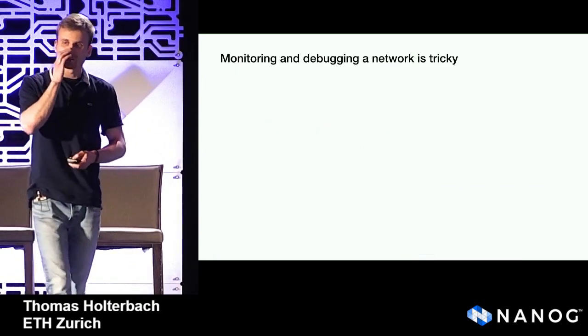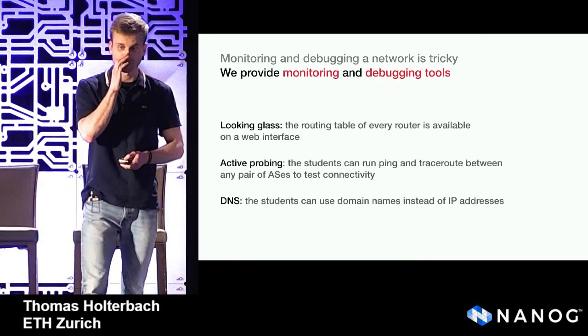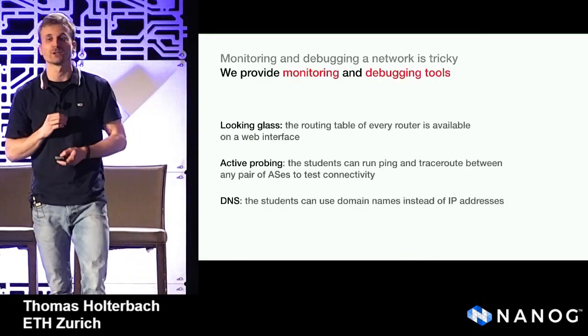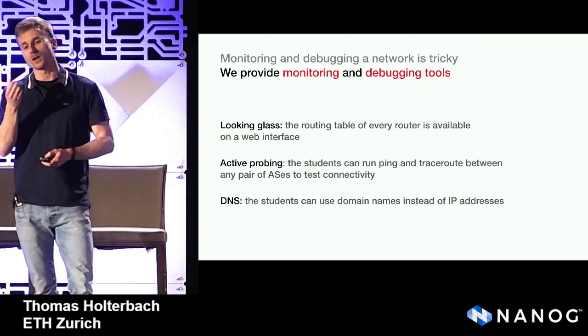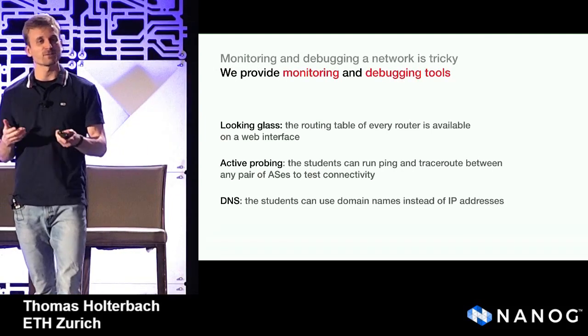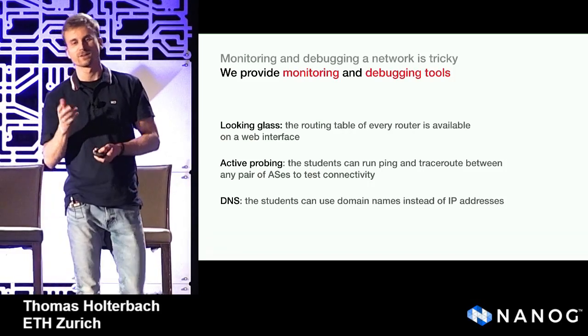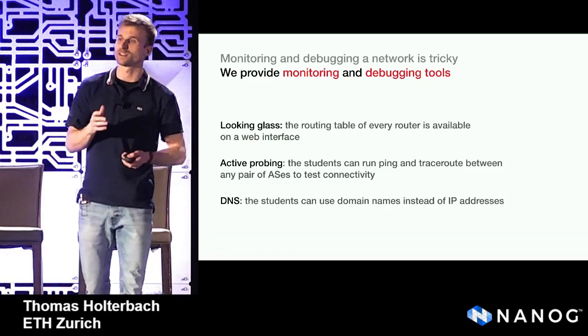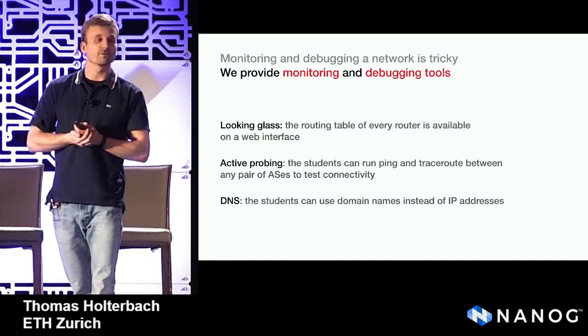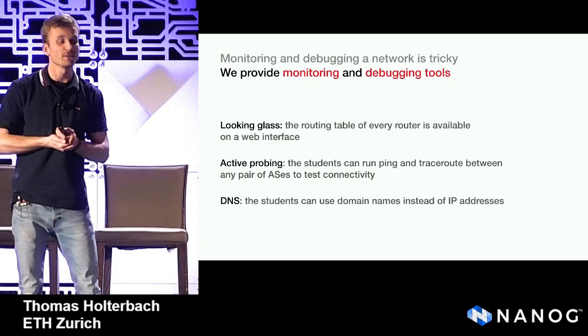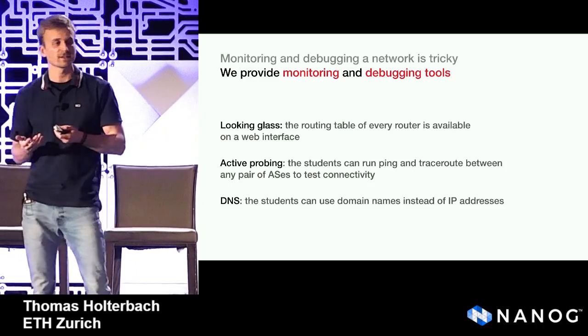Monitoring and debugging in networks is tricky, as I said before. So here, we provide monitoring and debugging tools. And as I said before, the tools that we provide them are very similar to the ones that we use in practice. For instance, we provide them a looking glass so they can see the routing table of every router in the mini internet via a web interface.